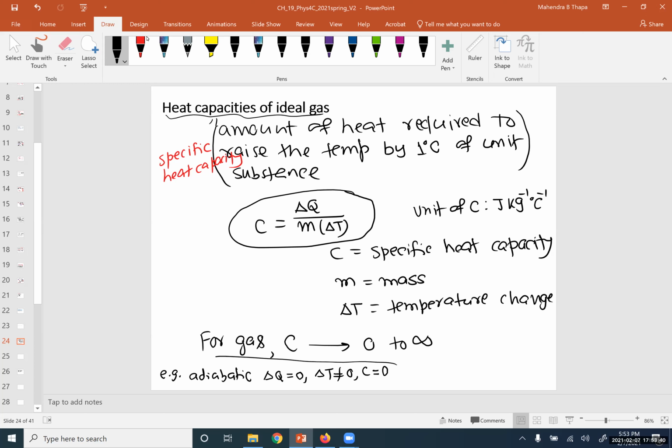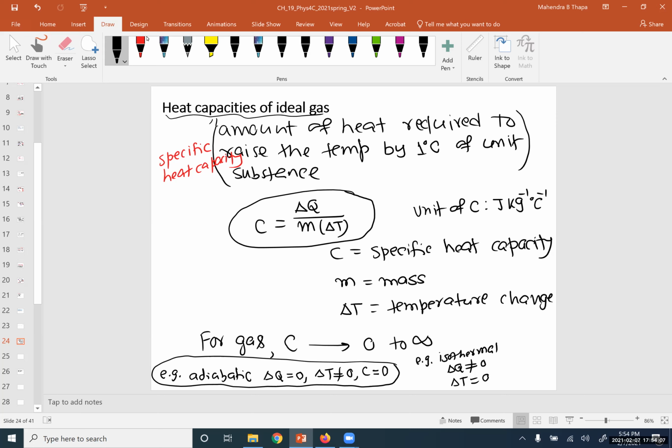Okay, if you take the same gas, in the case of the isothermal situation, say we are supplying heat, so dq is not equal to 0, but in isothermal, you know that your change in temperature is equal to 0.